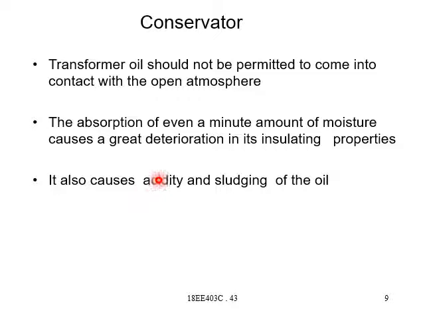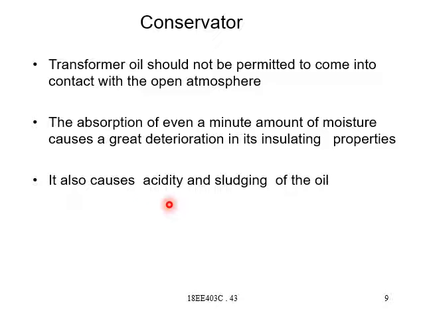The oil's purpose is to provide insulation as well as cooling. The moisture has water content, and water has a conductivity property. So simply the water gets mixed in the transformer oil and makes it impure.